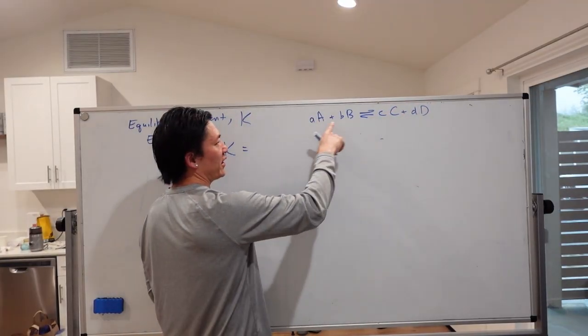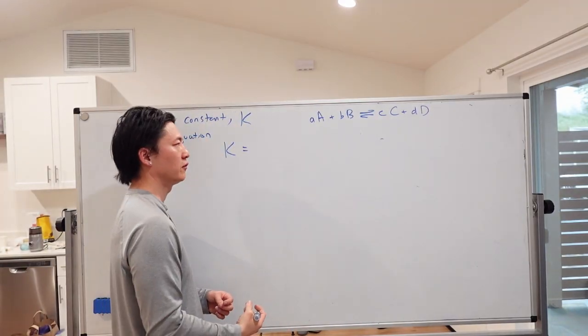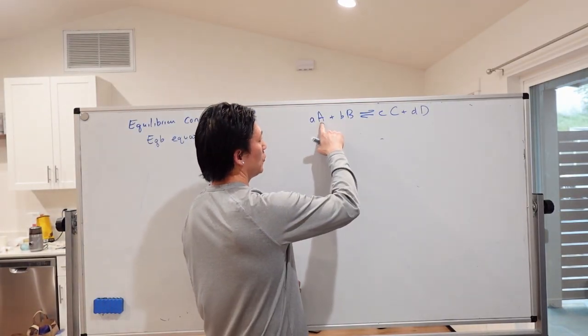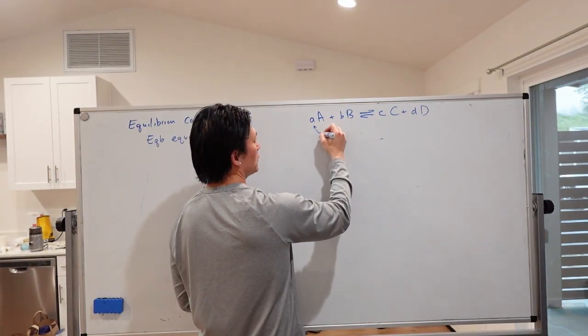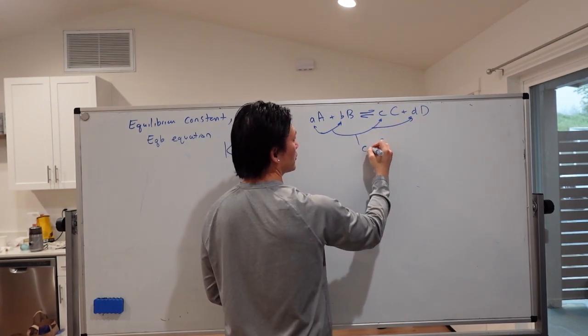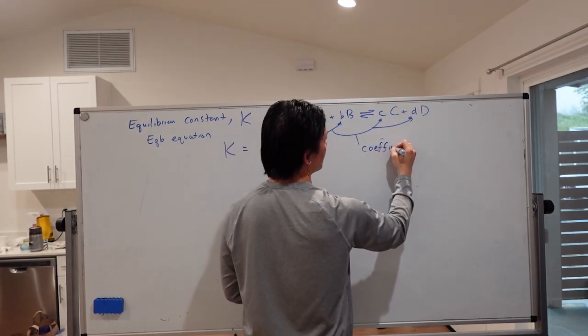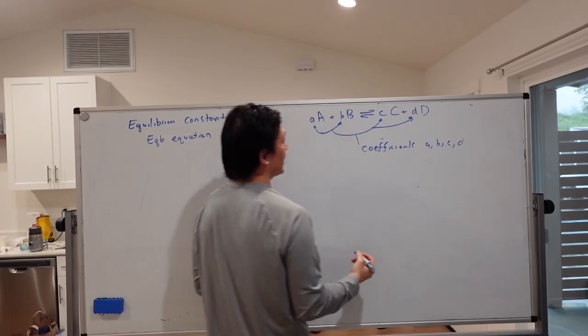The lowercase letters here represent the coefficients in front of the chemical species, which are the capital letters. So these are the coefficients, and A, B, C, and D are the chemical species.